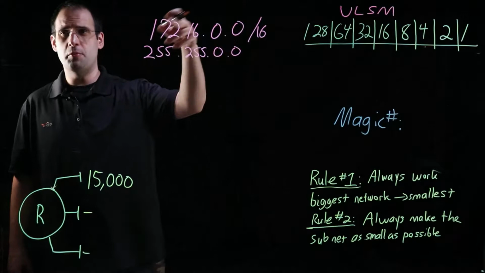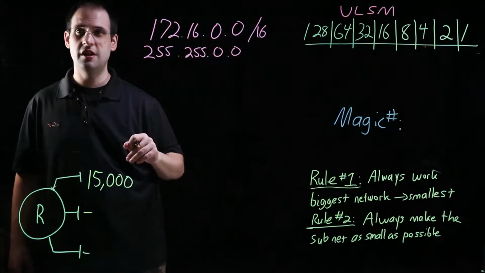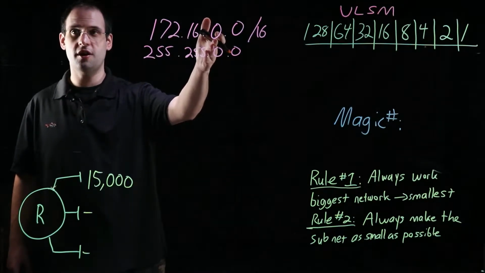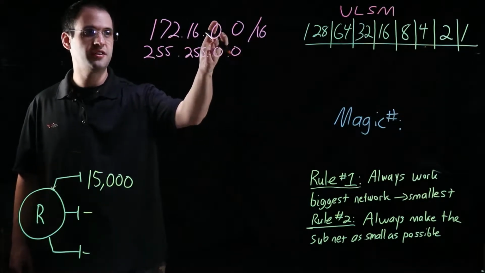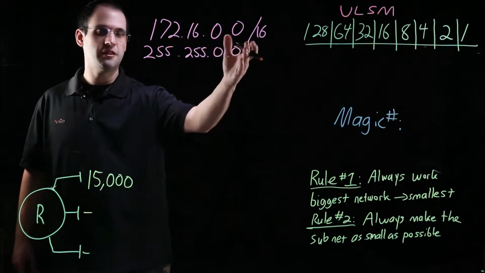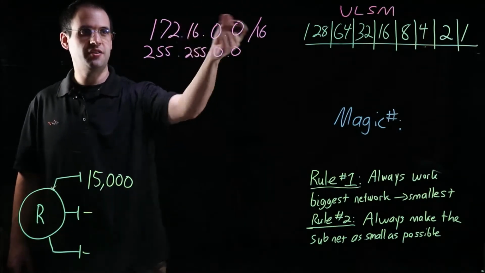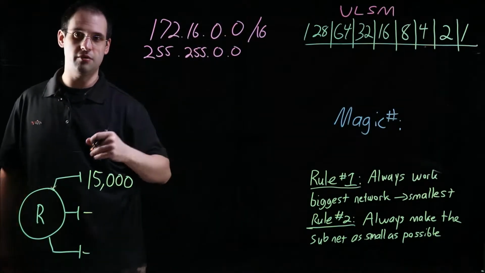If I want more addresses beyond the 256, I have to start incrementing this third octet. So in this /16, it starts to look like how many /24 or Class C addresses I can fit inside of here to create different size Class B networks.